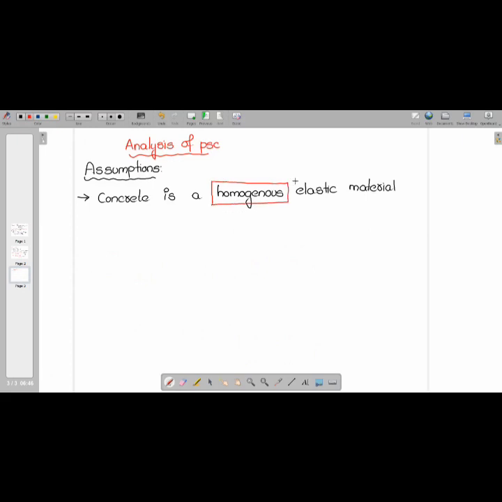What do you mean by homogeneous? Homogeneous means same properties in the same direction. If a material has the same properties in different directions, then it is known as isotropic. So the assumption is that concrete is a homogeneous elastic material.